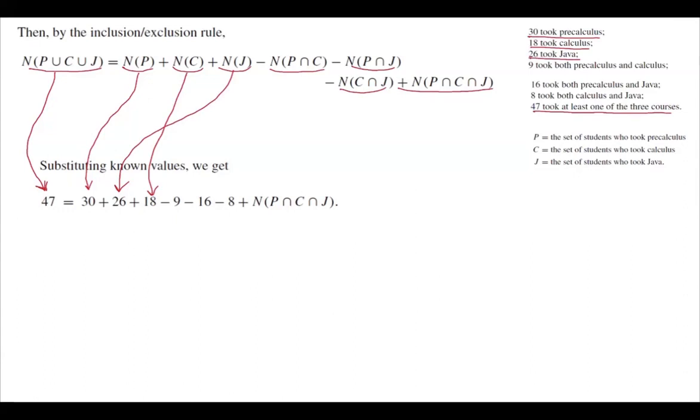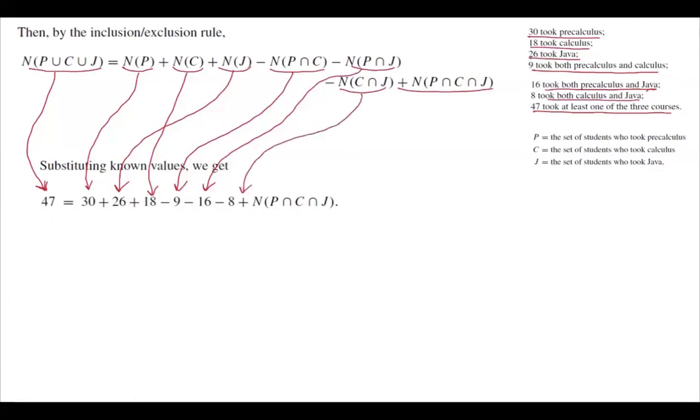Beautiful. Okay. So the number of people who took pre-calculus and calculus at the same time is 9. The number of people who took pre-calculus and Java is 16. And the number of people who took calculus and Java is 8.